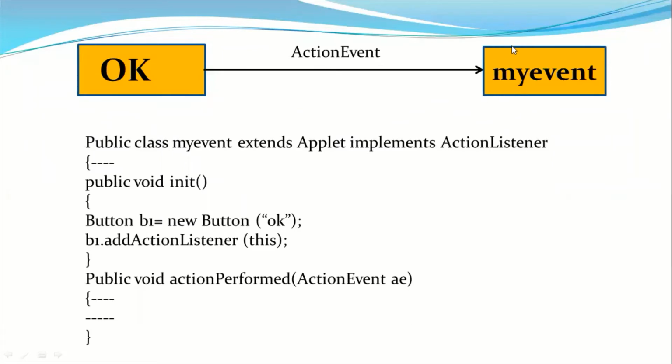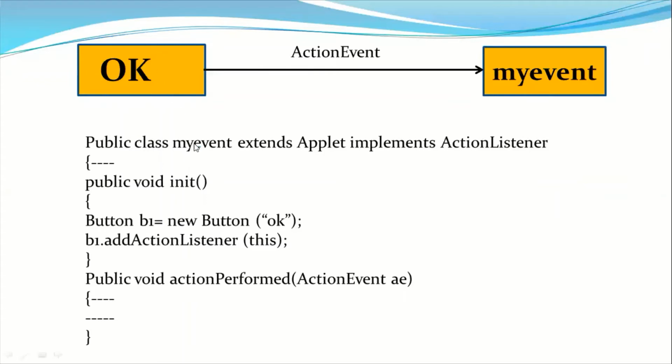Then we need to define our class. This is my event class that will process the action event. How does it process the action event? Because this class implements ActionListener. This class responds to the event generated by the button.